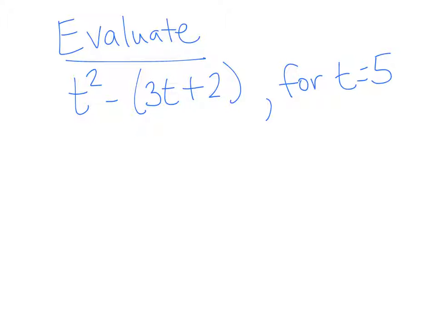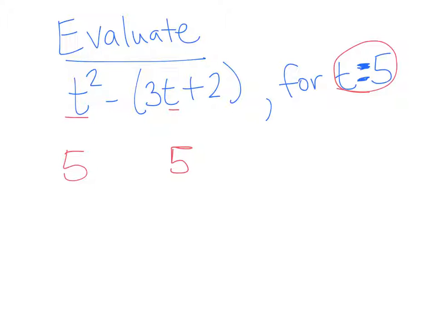What this means is we know the value of t. We want to see what this expression will equal when t equals 5. So if t equals 5, we're going to try to color code it. Everywhere there's a t, I'm going to replace it with a 5. So I'm going to do a 5 here, and a 5 here. Otherwise, I'm going to bring everything else down.